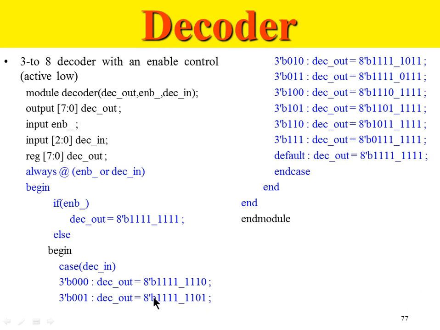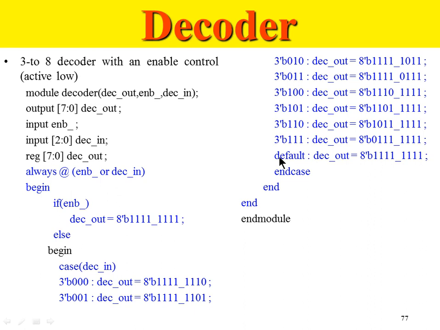The rest of the outputs are 1, deactivated. DEC in is 010, output 2 is activated, meaning 0, and the rest are 1. All the way to 111: when dec in is 111, my MSB output, the 7th output, is activated. The rest of the outputs are deactivated.